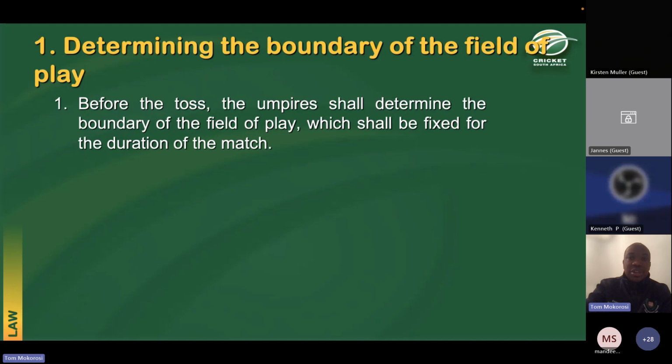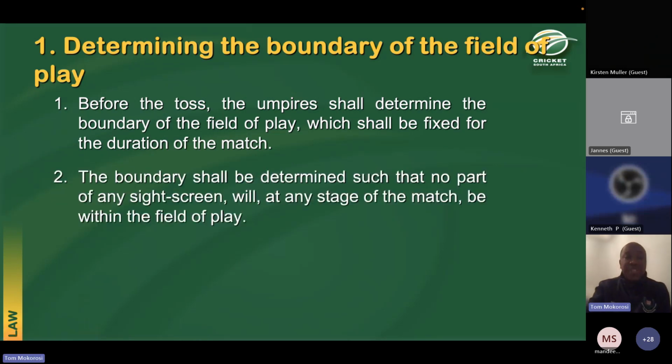But let's first determine the boundary of the field of play. Before the toss, the umpire shall determine the boundary of the field of play, which shall be fixed for the duration of the match. So quite importantly, if you've got a multi-day match, the boundary needs to be the same from day 1 to day 2, 3, 4, and 5 for a test match.